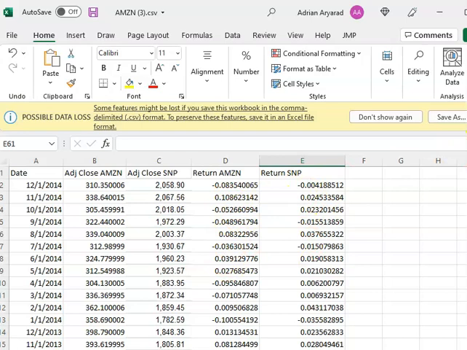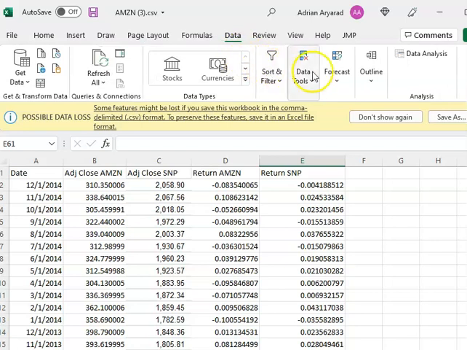So we can use the data analysis from Excel to calculate. This is the data analysis package on Microsoft Excel. If you don't have it, go to File, Options, Add-ins, and add the data analysis from there. Okay.